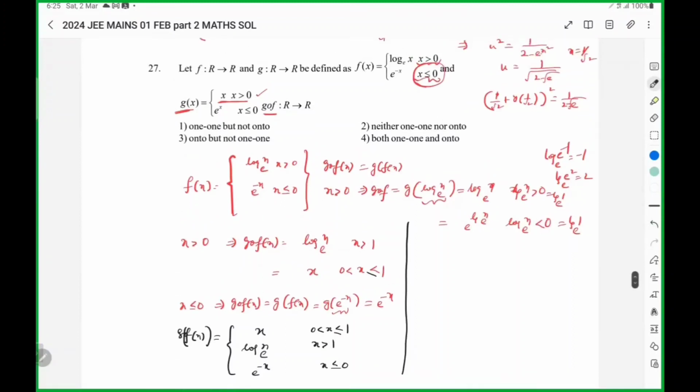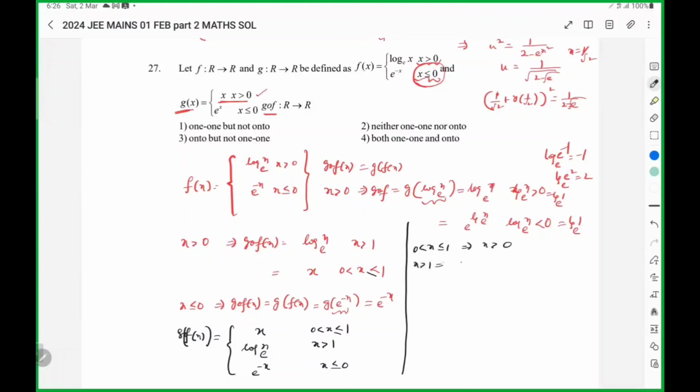Now what he is asking is the nature of the function. For x between 0 and 1, all map to x, which is obviously positive.